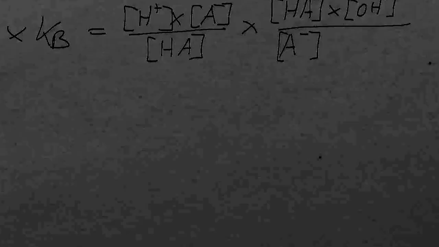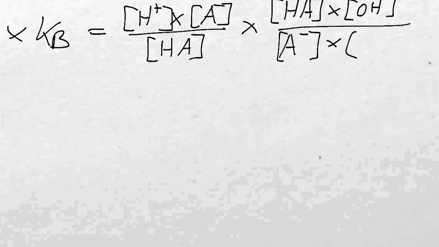We said Ka equals H plus times A minus divided by HA. Yeah, that's Ka. And Kb, we've just done, is HA times OH minus divided by A minus times H2O.